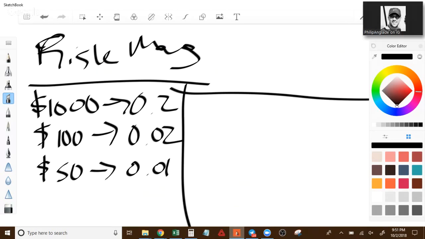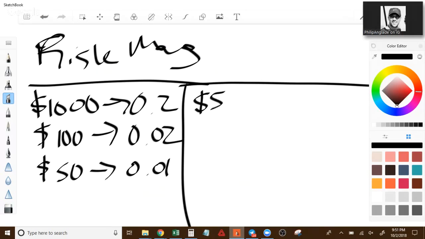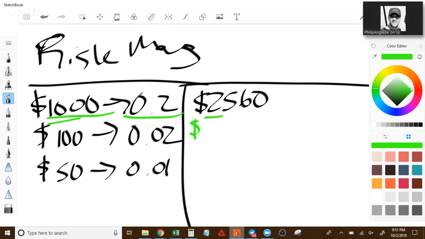So let's just say you had $2,560 in your account. Well, remember, for every $1,000 you have in your account, you do a 0.2. Well, you have two 1,000s, so it's going to be 0.2 times 2.